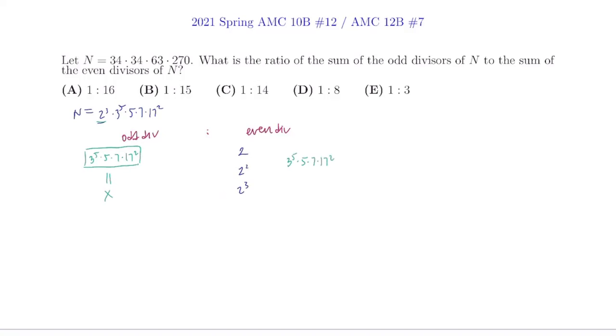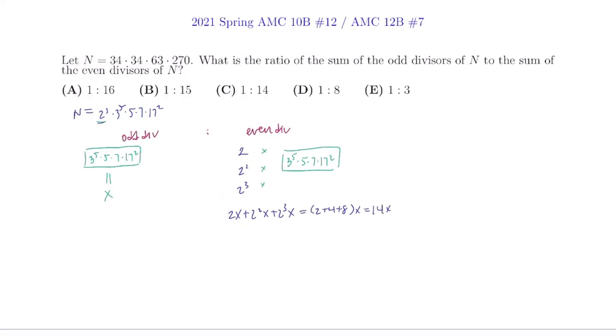So to find the sum of the even divisors, we realize that it's just going to be the sum of all the divisors of this number here, multiplied by 2, multiplied by 2 squared, and multiplied by 2 cubed. That is just going to give us 2 times x plus 2 squared times x plus 2 cubed times x, which equals 2 plus 4 plus 8 times x, giving us 14x.